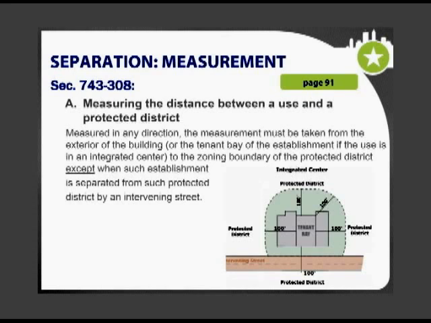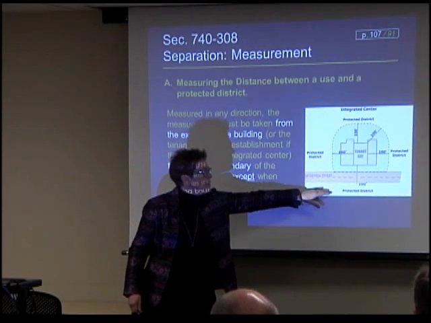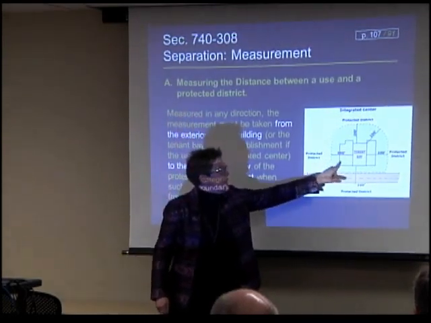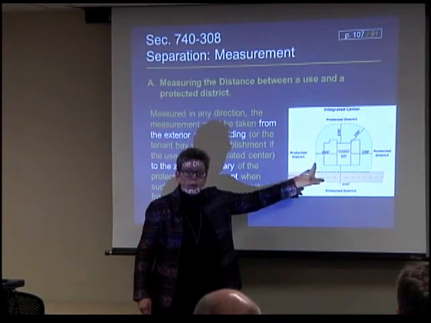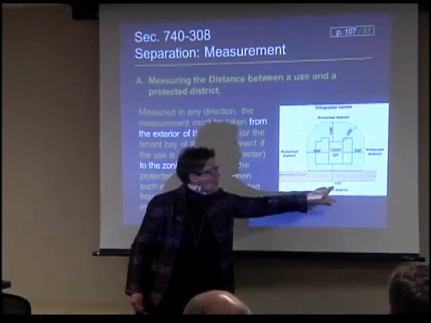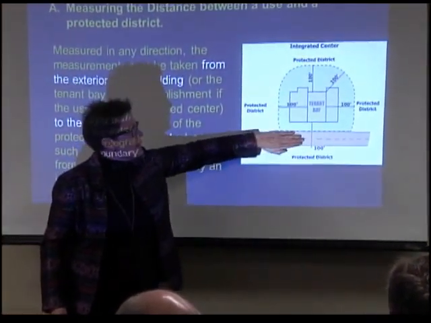Now, when you're dealing with a district, that requisite number of feet stops if there's an intervening street. So in this example, we go 100 feet out from that building wall, or that tenant bay wall, but that 100 feet circle should go right around here. But since there's an intervening street, it stops.